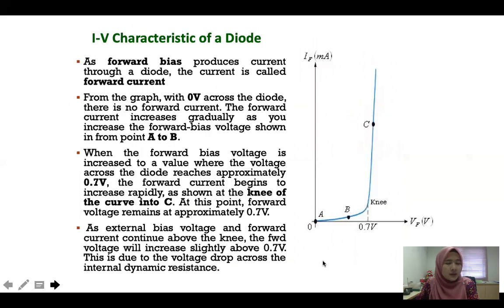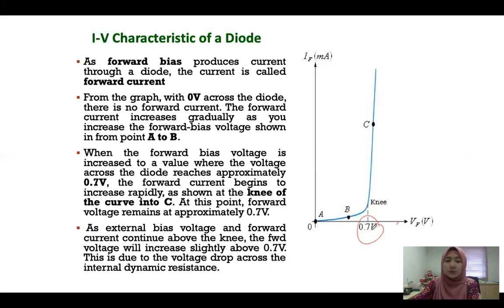Next, let's look at the IV characteristics. The IV characteristics is the graph that shows the current and the voltage of the diode. If you look at this figure, you can see that this is the forward bias, VD more than 0. This is the knee voltage for silicon.